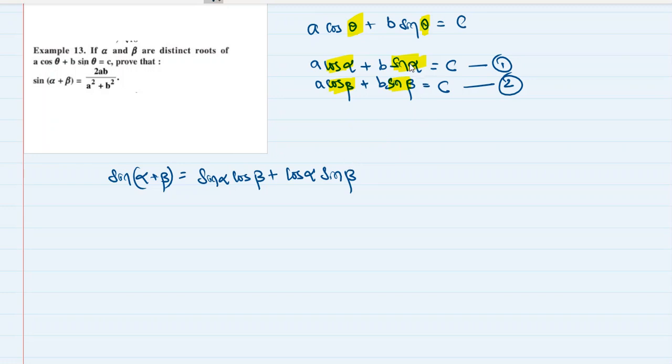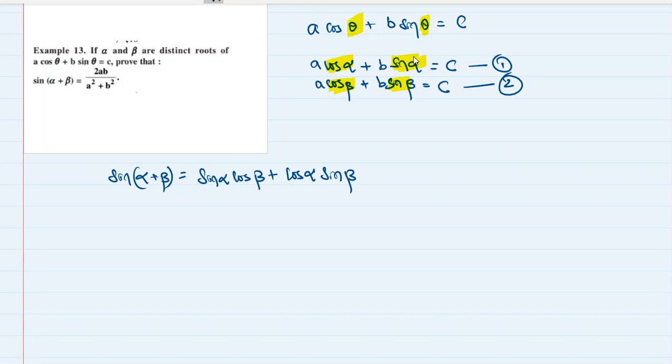Okay, let me try sine alpha. If I want the value of sine alpha, sine alpha is c minus a cos alpha by b, and cos beta is c minus b sin beta by a.